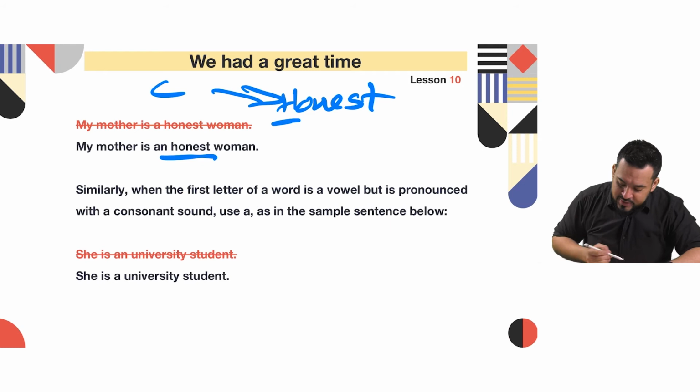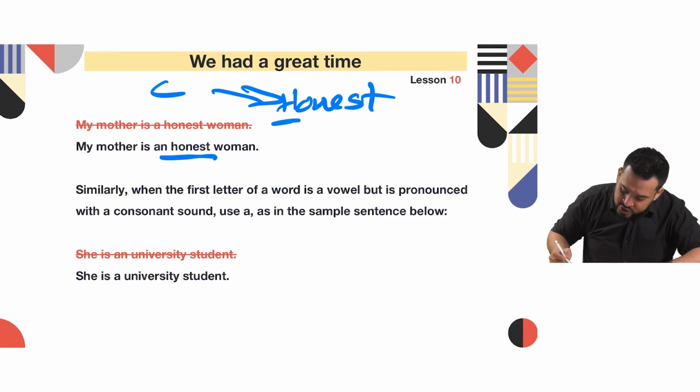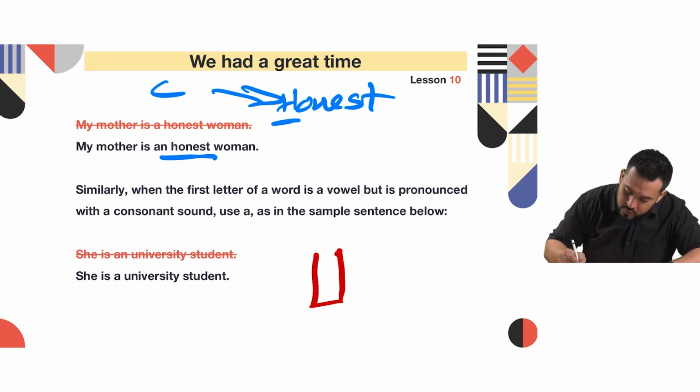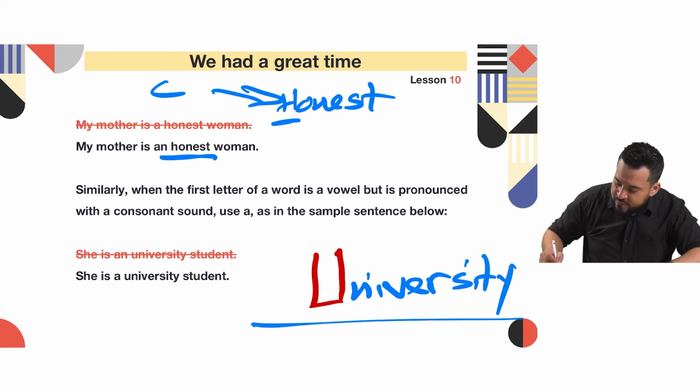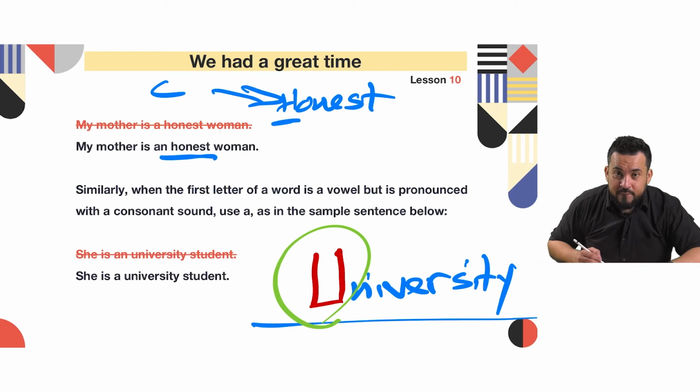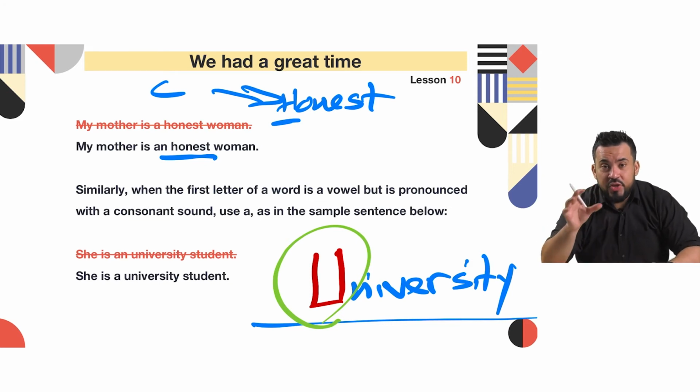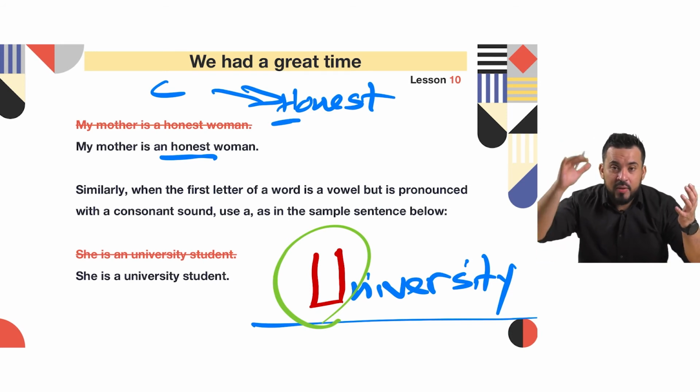Okay, let's look at another example. Let's look at this word. University. Now, let's take a look at the letter U. We know that the vowel sound of the letter U is uh, like under, up.